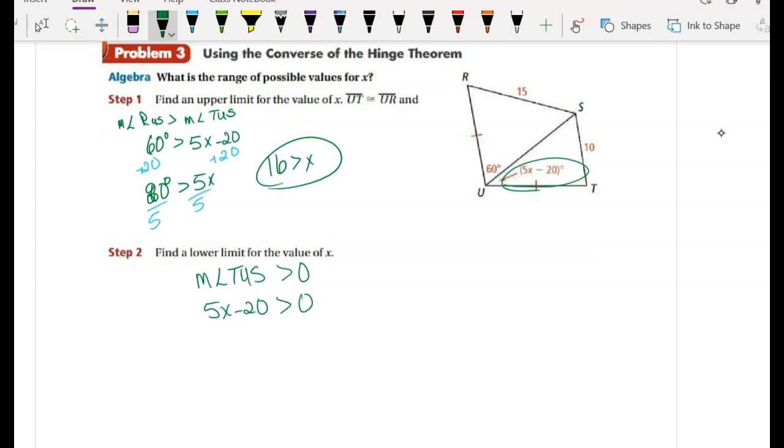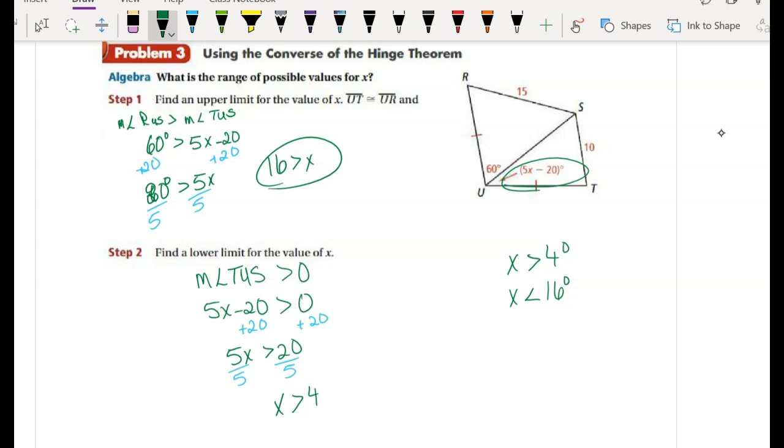It's greater than 0. So now I'm going to add 20 to both sides. So I have 5x is greater than 20. Divide both sides by 5. So I know that x has to be greater than 4, and x has to be less than 16 degrees.